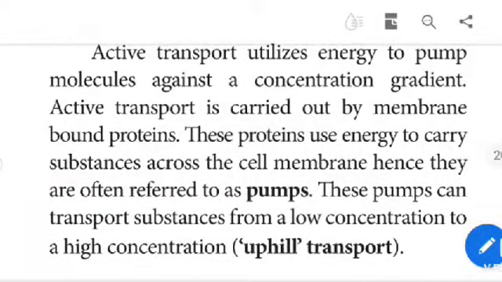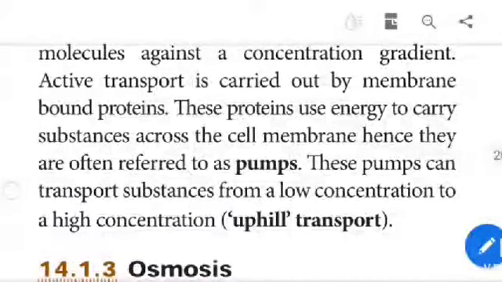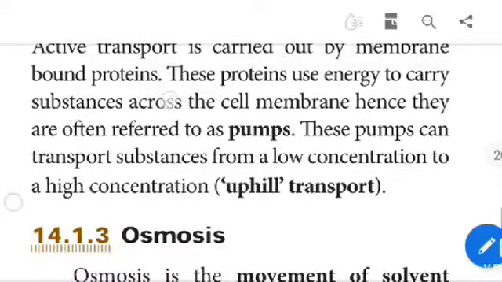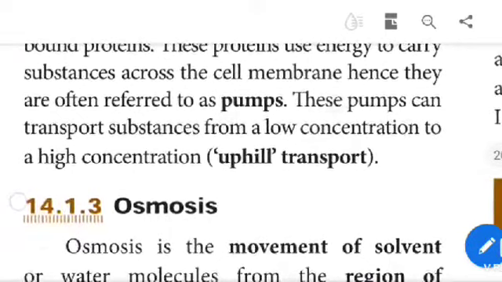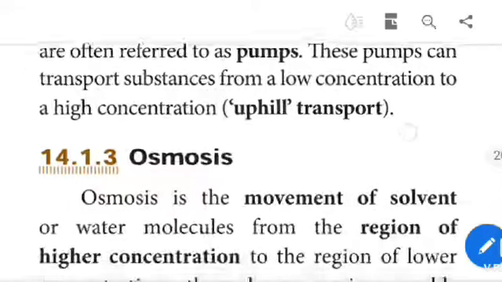Active transport is carried out by membrane-bound proteins. These proteins use energy to carry substances across the cell membrane. Hence they are often referred to as pumps. These pumps can transport substances from a low concentration to a high concentration. That is called uphill transport.